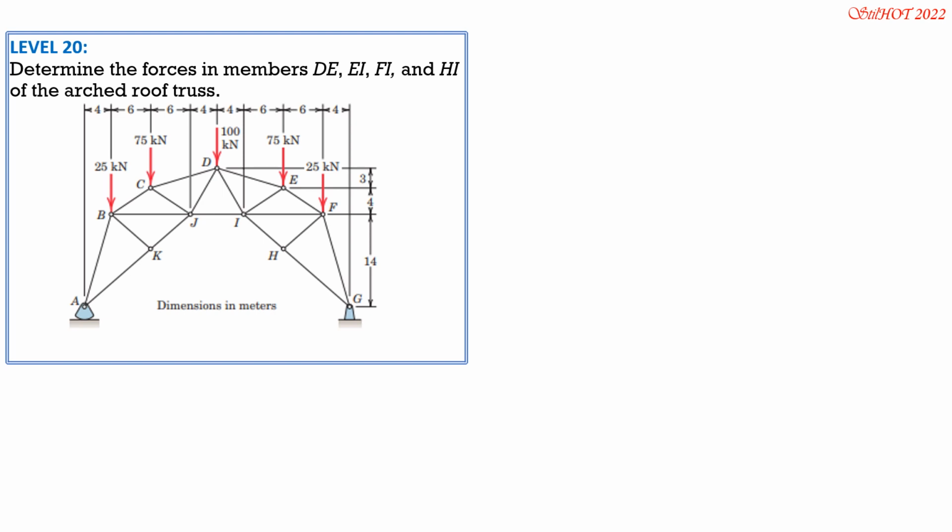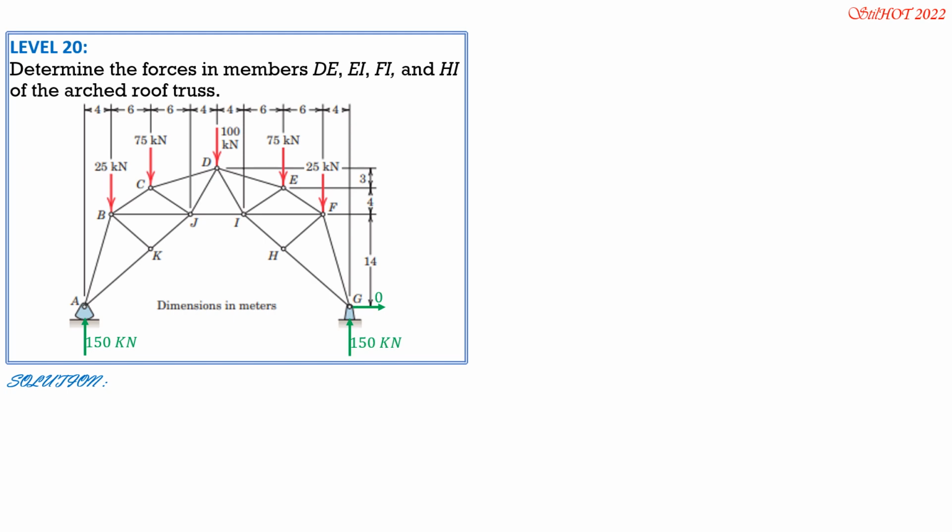Because of the symmetry of the loading and the figure, the total load is 100 plus 75 plus 75, 250, plus 25 plus 25, 300. So each vertical reaction here would be 300 over 2 or 150 kilonewtons as shown. So 0 and 150 kilonewtons each. There's no need to sum up moments about the other support by symmetry.